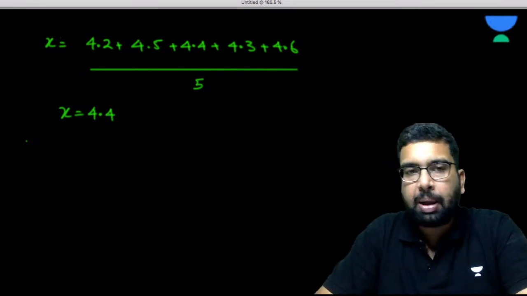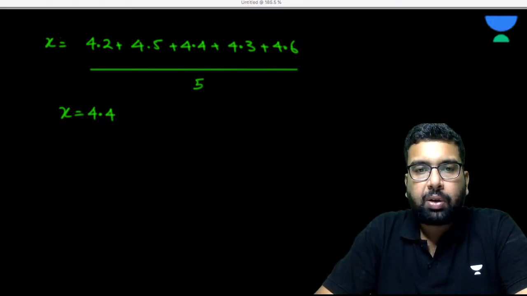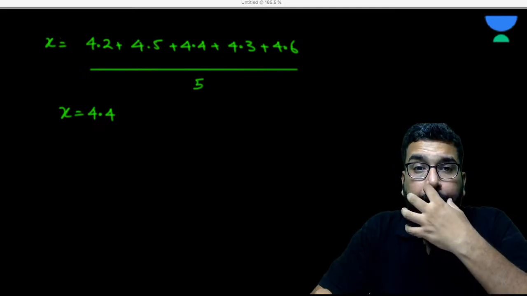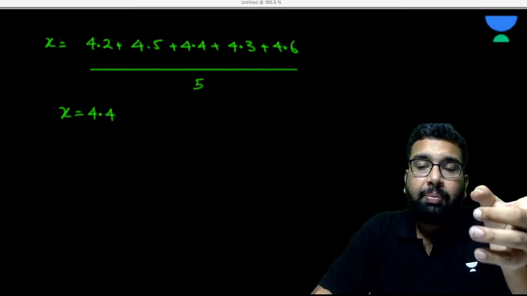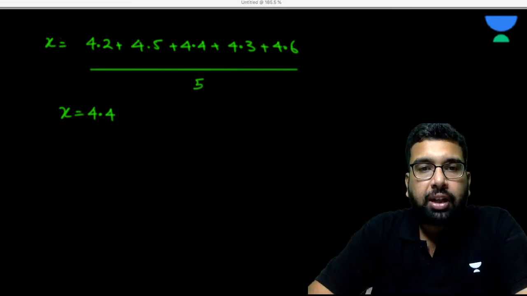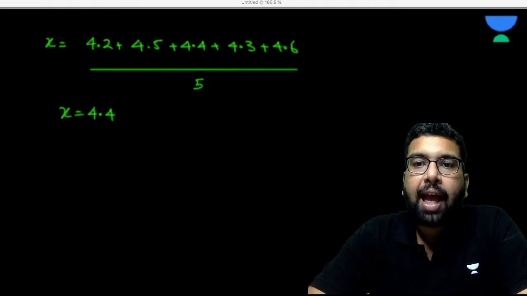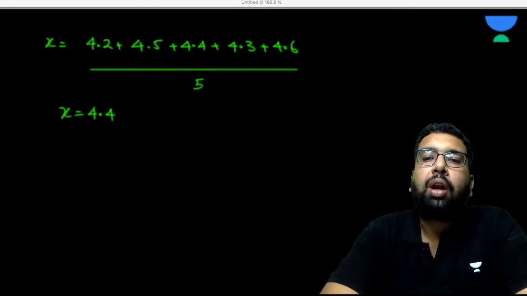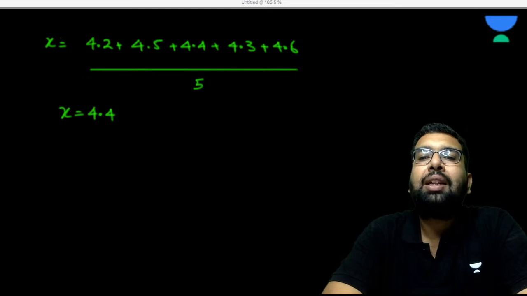Now please remember this concept. Remember the chapter of significant figures. If it had come out to be 2 digits after the decimal, you would have to round it off to one significant figure.